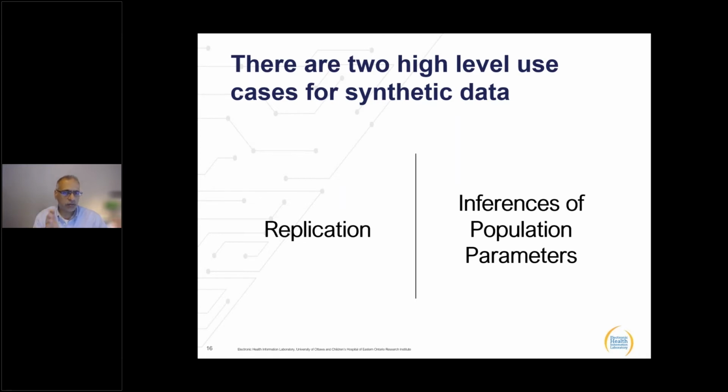These are all replication examples, and really your objective is to perform analysis on the synthetic data to replicate the results that you would get had you obtained the real data. Inferences is a little bit different. With inferences, you get a synthetic data set, and you're not trying to replicate the analysis that was done on the real data. You're trying to do a different type of analysis and draw population inferences, or inferences about population parameters.